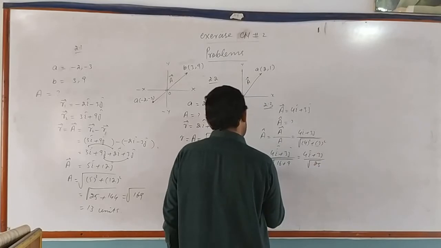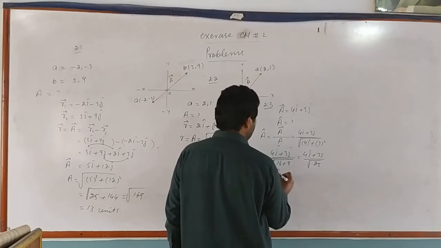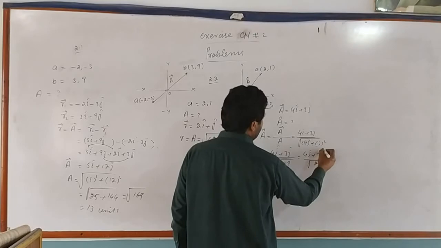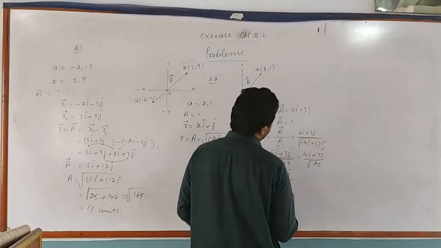Our unit vector A will be 4i unit vector plus 3j unit vector divided by 5.